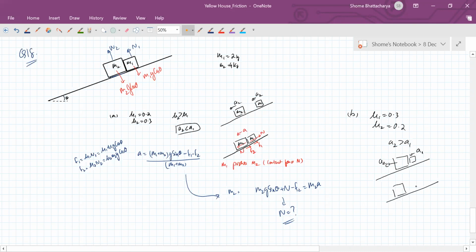They will now start going independently like this. So the blocks lose contact because A2 is greater than A1. A2 will be g into sine theta minus mu2 cos theta. And A1 will be g into sine theta minus mu1 cos theta.